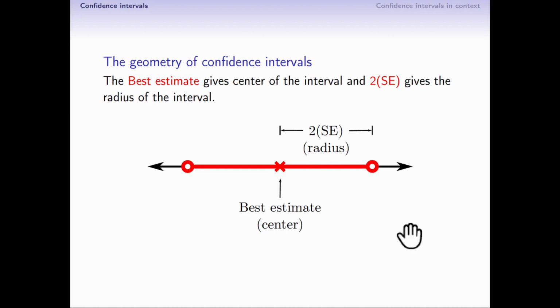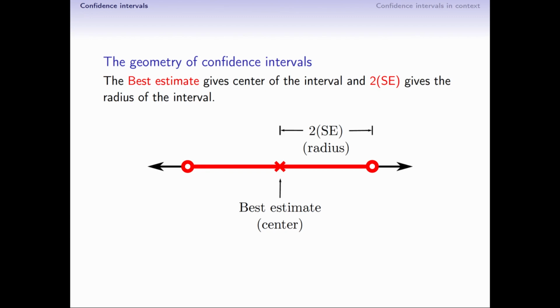Now, the thing to understand is that 2 times SE is not going to change from sample to sample. What does change, though, is our best estimate. If we resample, we will find that our best estimate may change slightly. That has the effect of sliding our confidence interval to the right or to the left as the value of our best estimate changes.